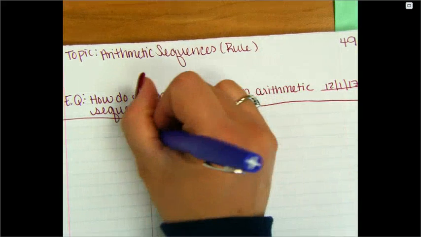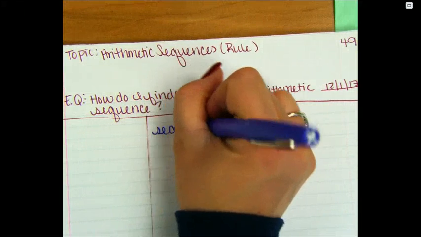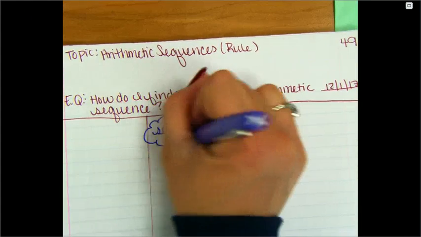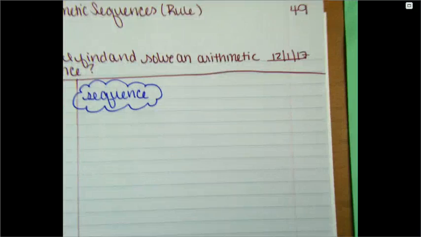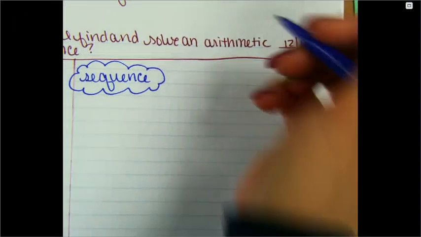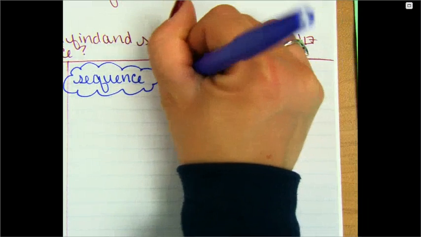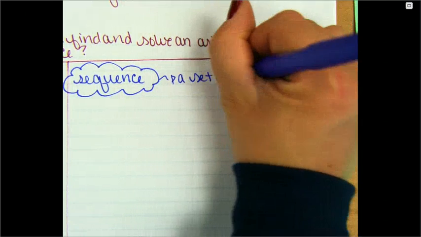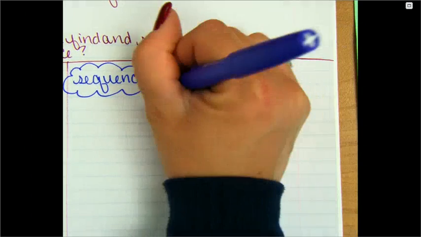All right, first word is sequence. We went over sequences already, but let's refresh our memory. A sequence is just a set of numbers in a specific order.